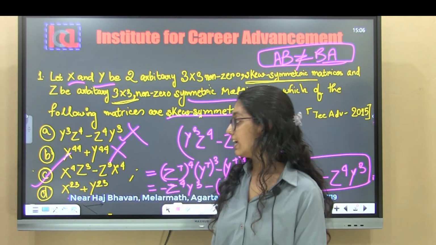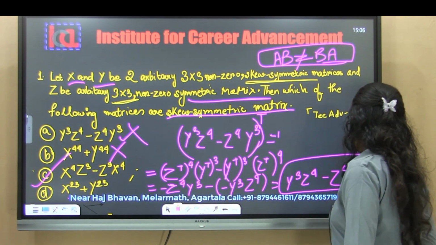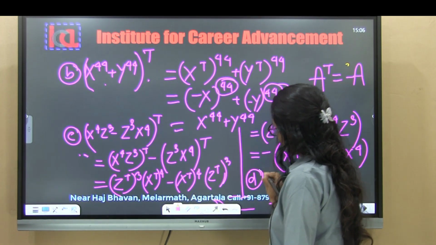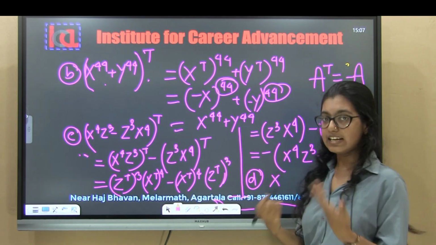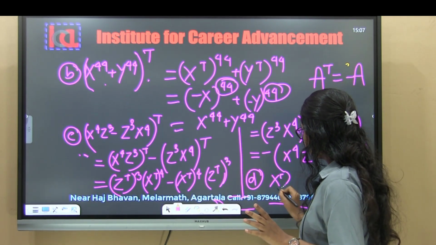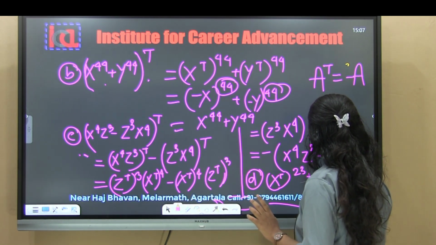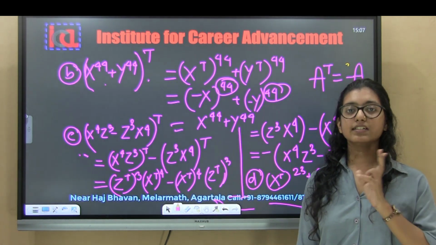Now option D, x to the power 23 plus y to the power 23, is very easy to solve. Just like the previous question we have solved, I am directly writing it: (x transpose) whole to the power 23 plus (y transpose) whole to the power 23.